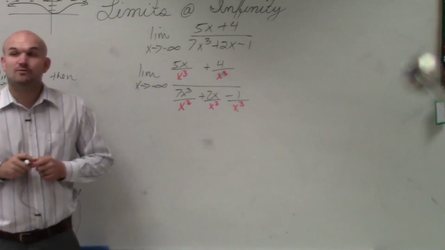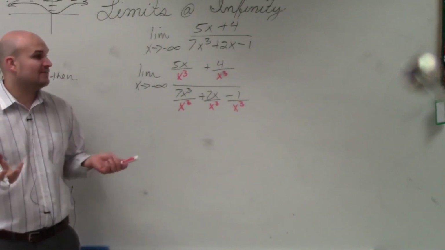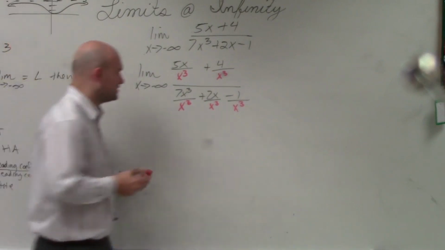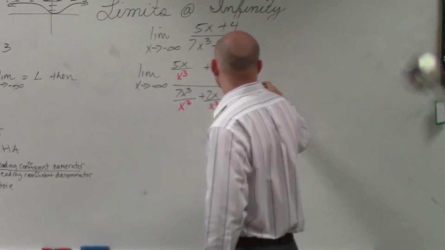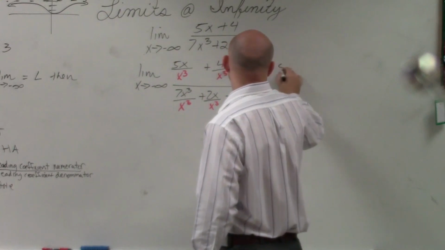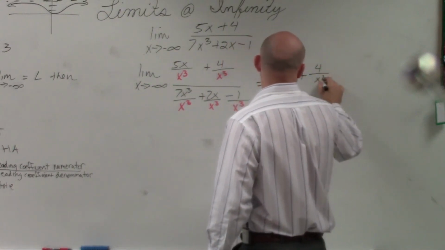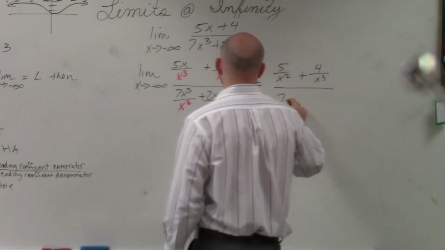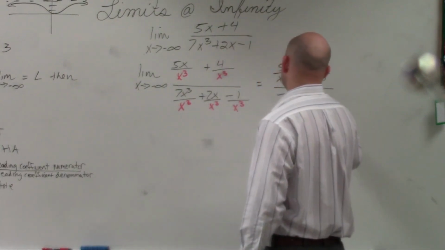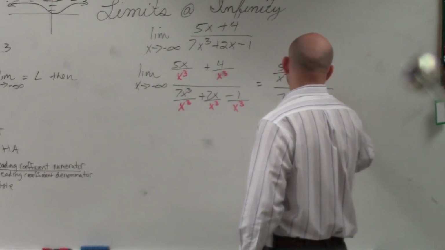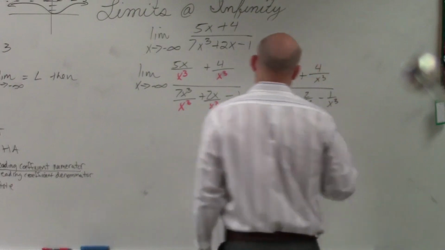OK? Now what we basically want to do is evaluate this and see where everything goes. So let's simplify this. This becomes (5 over x squared plus 4 over x cubed) divided by (7 plus 2 over x squared minus 1 over x cubed).